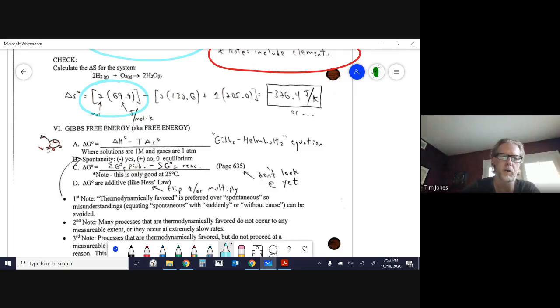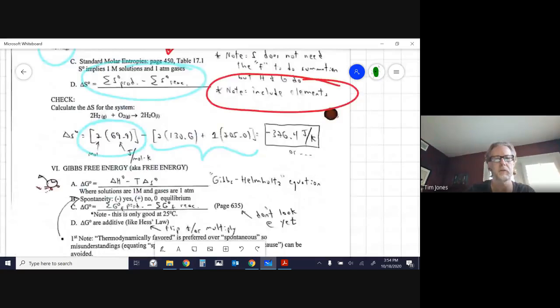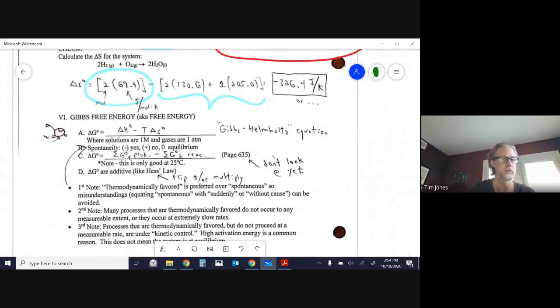And then I've got my reactants here. And I recommend the same thing as before. Be careful with your math. Even though it's easy math, it's really easy to mess up the negatives and so on. Be aware, this chart on page 450 is in joules per mole Kelvin.